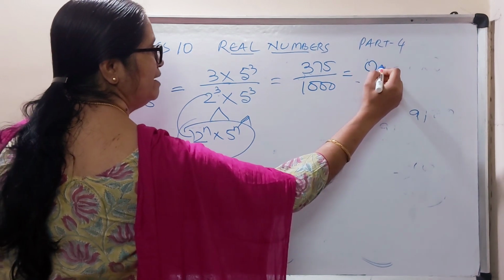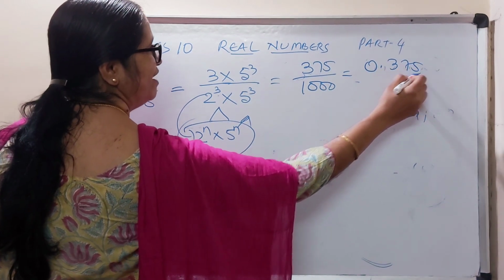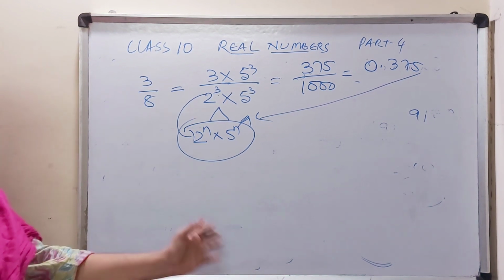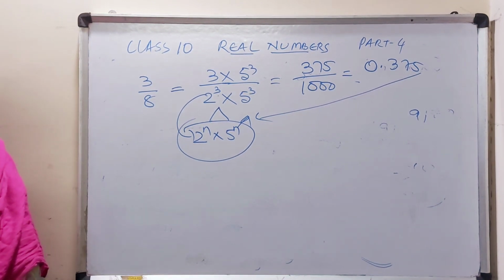So what I got back is 0.375. This is how you can express it. So this is the other way of expressing a number.